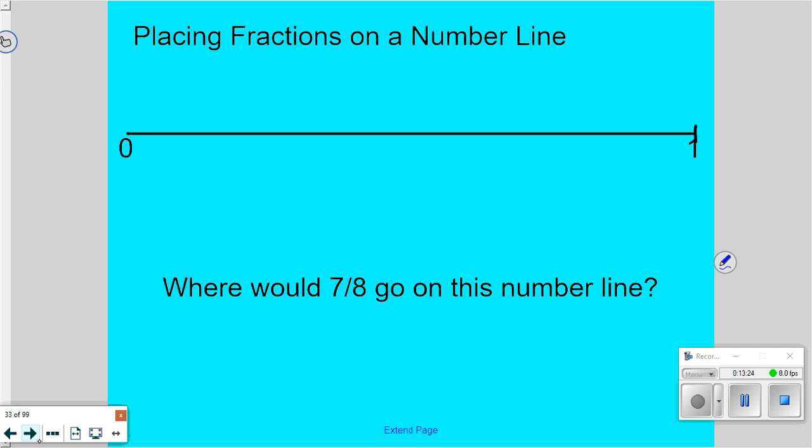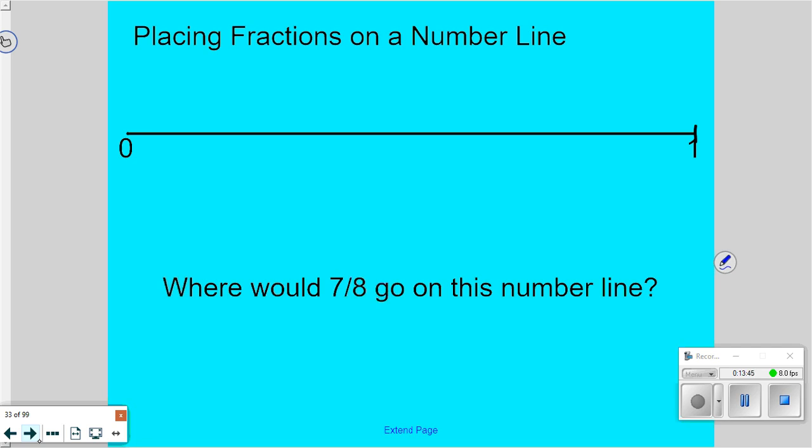Why? Because after 1 is going to be 8/8, and 7/8 is closer to 8/8. Did you hear that, genius? Yes. Are you sure? Huxley, say it one more time. Because 8/8 is going to be on the 1, and 7/8 is closer to 8/8.